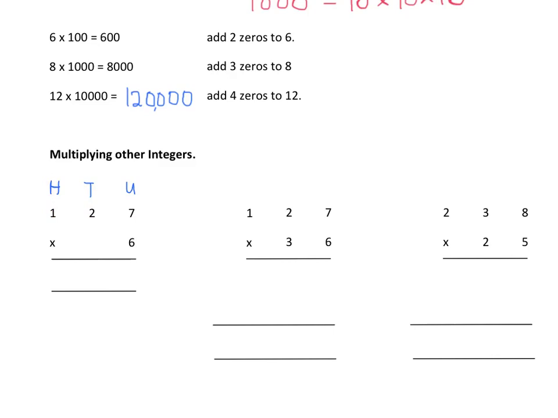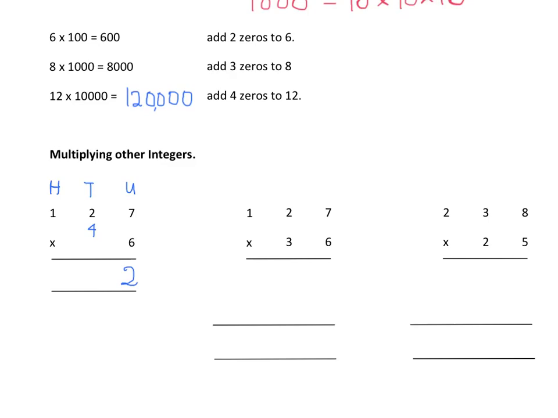But we don't normally do that, we just do that for getting started in operations with integers. So we begin again on the right hand side and we say 6 times 7. Well, 6 times 7, this is where you need to have your multiplication tables in front of you, is 42. The 2 is a unit, so it goes in the units column, but the 4, well, it's 40, so we've got to carry it into the tens column. Now we say 6 times 2 is 12, plus 4 is 16.